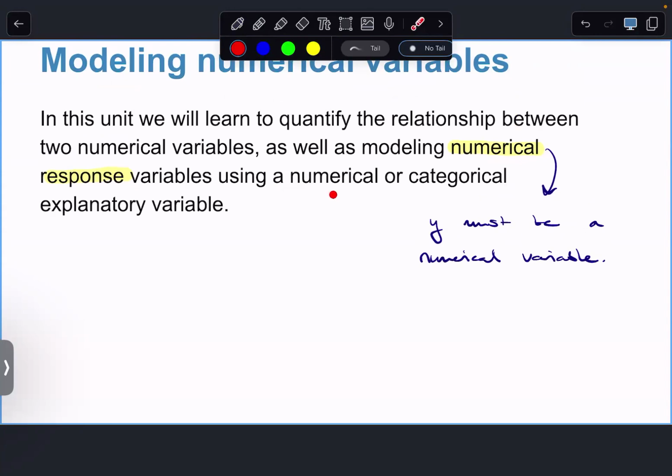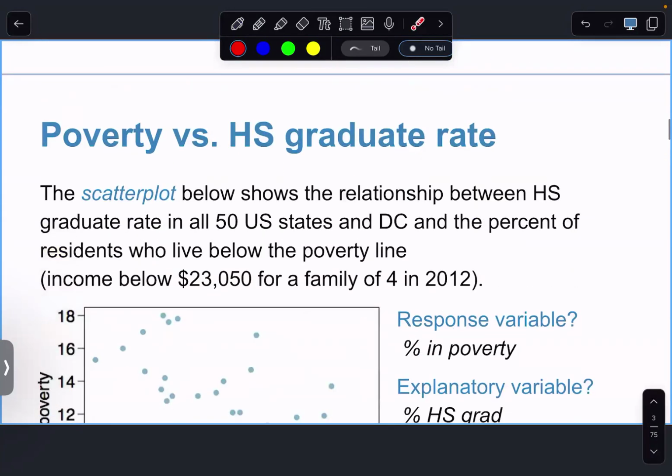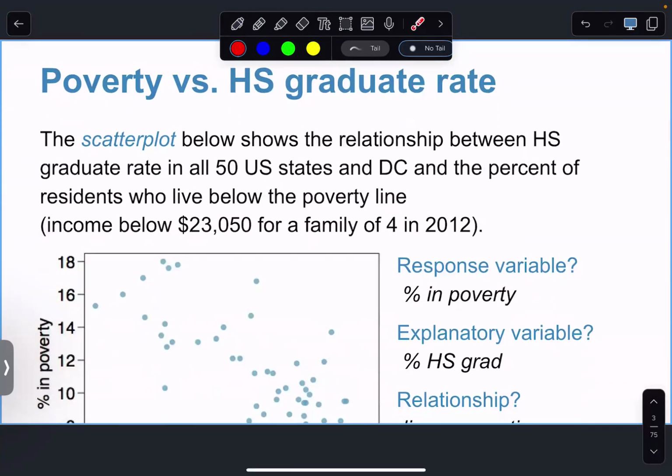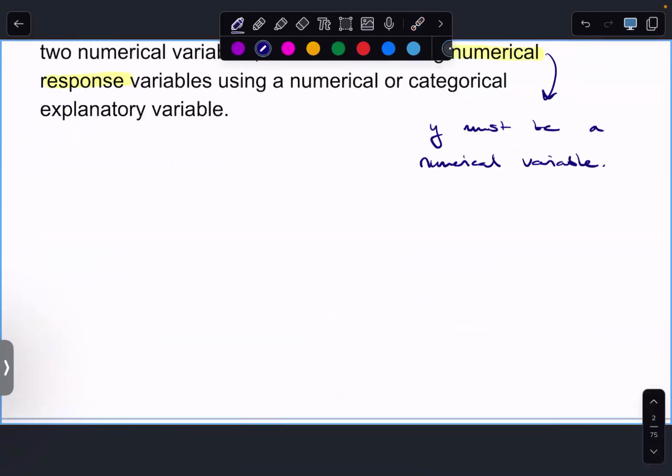Your x can be one or the other. We're going to focus here on the numerical. We're going to introduce it by way of example. And so if we think about, let me just use this space here, the previous slide still.